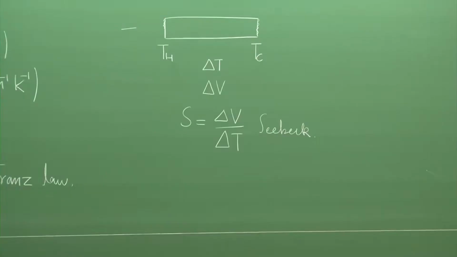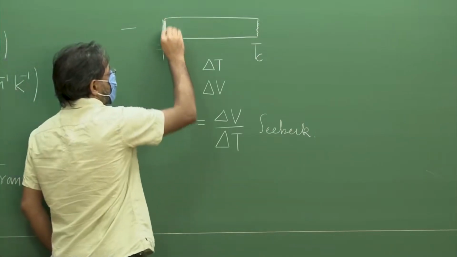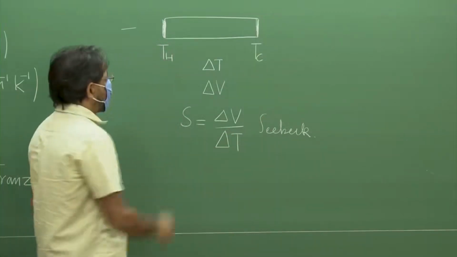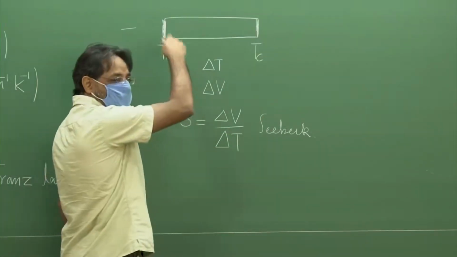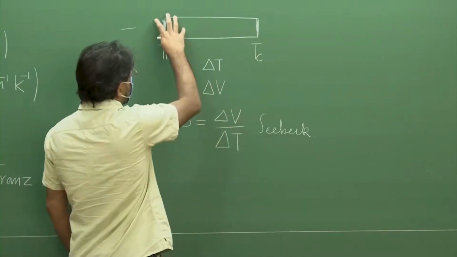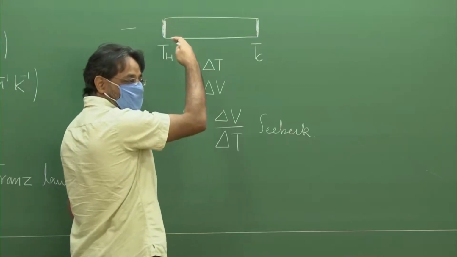All right. But you imagine when you heat this end and this end is colder, the conduction electrons, actually this is the part of the lecture which we will deal with later on. The electrons here have more energy, they are energetically more excited.